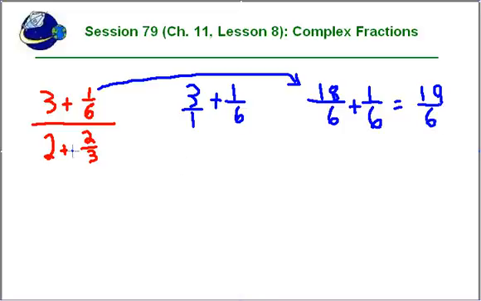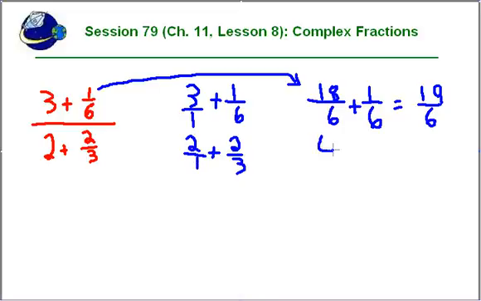Let's do the same thing now with our denominator. That's going to be 2 over 1 for this, plus the 2 over 3. We now need to get the common denominator, which is going to be 3. So we're going to multiply 3 times 2 over 1, 3 times the 2, and then 3 times the 1.